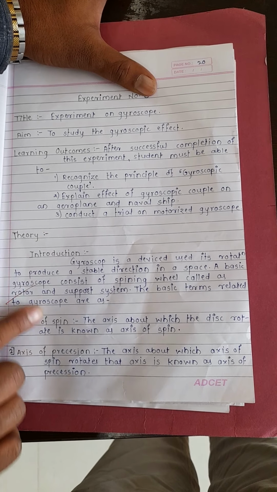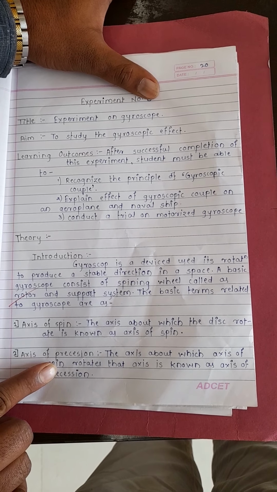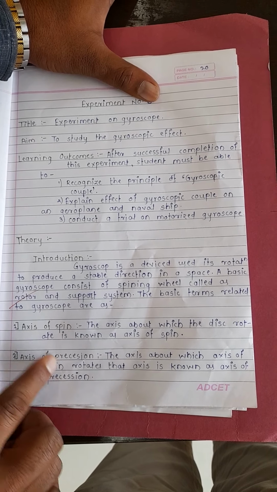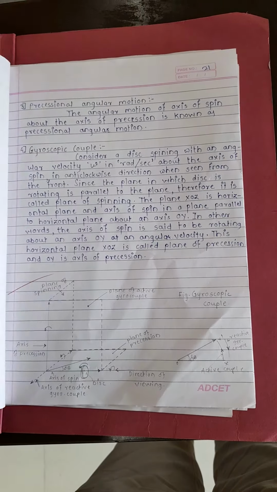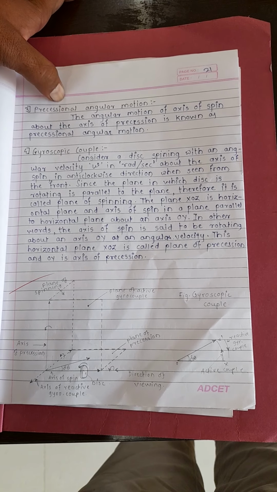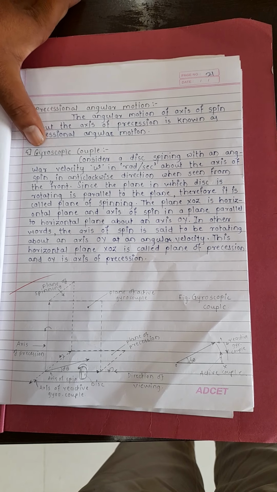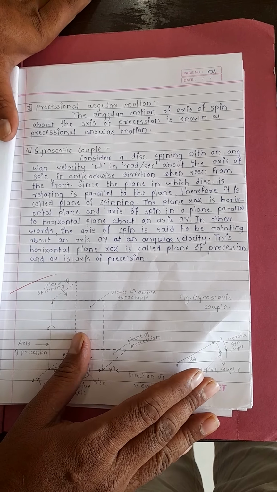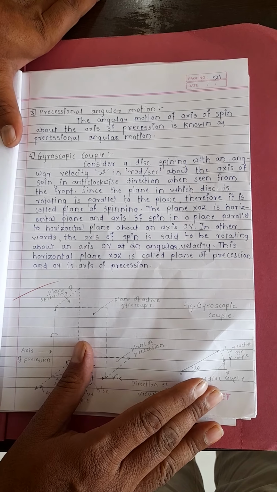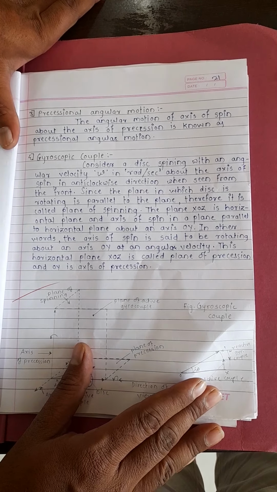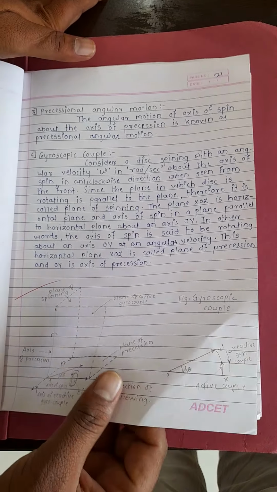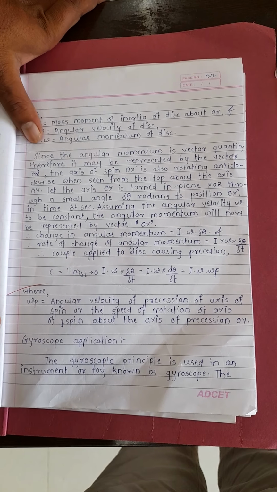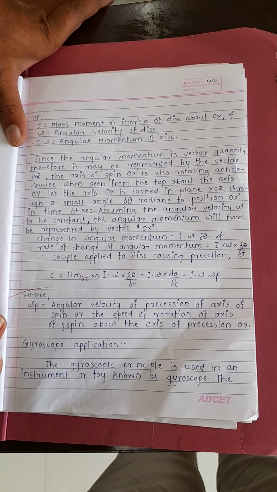In theory you have to write in detail what is meant by gyroscopic principle, axis of spin, axis of precession, precessional angular motion, and gyroscopic couple. We have already studied this chapter deeply in theory lectures, so take resource material from those lectures and write this theory.